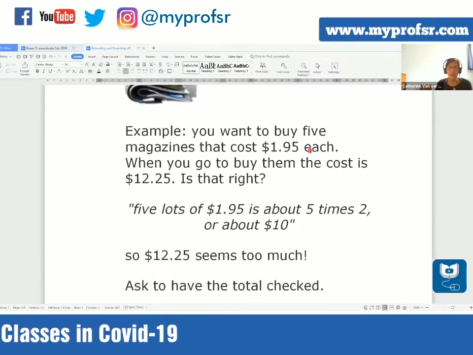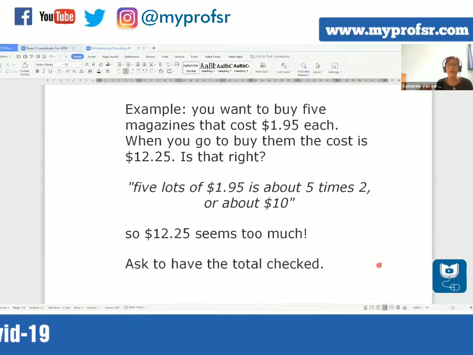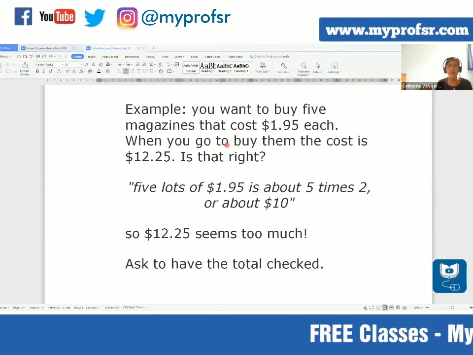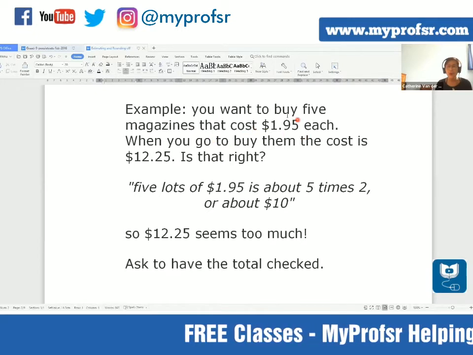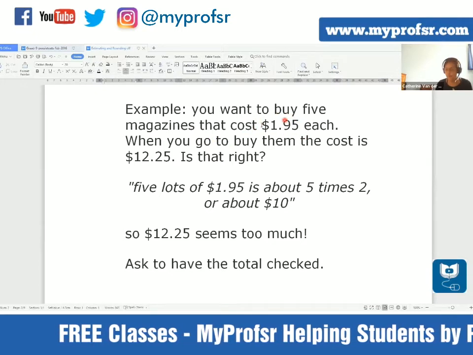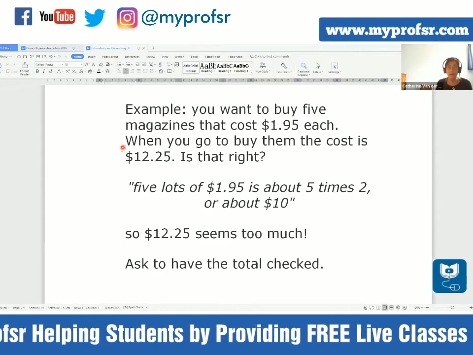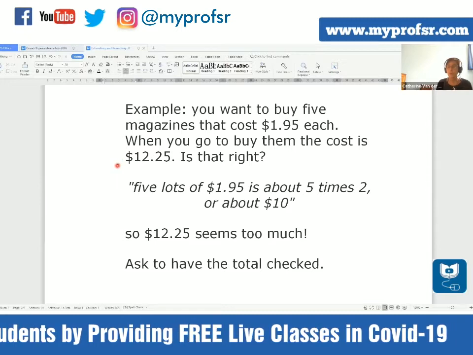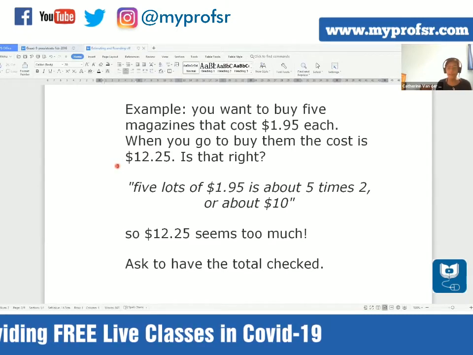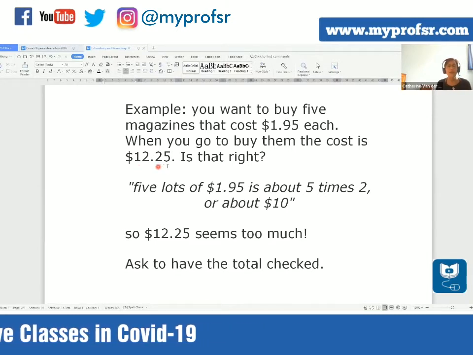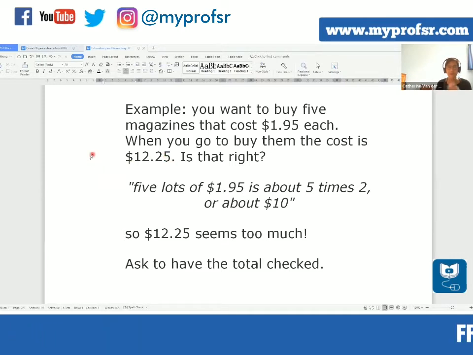Here is an example. You want to buy 5 magazines that cost $1.95 each. When you go to buy them, the shopkeeper with a straight face tells you that will be $12.25.